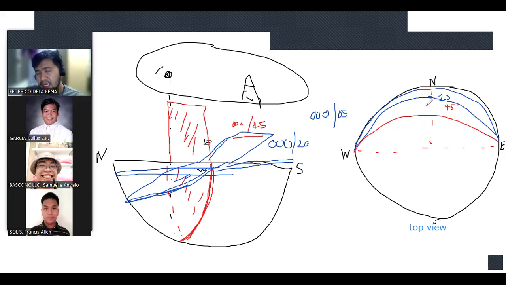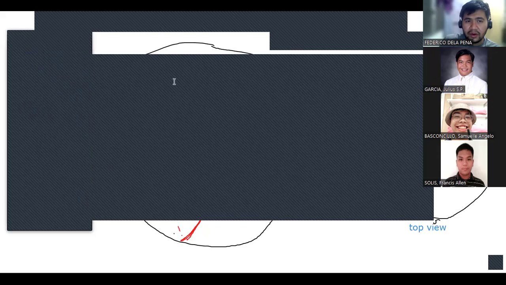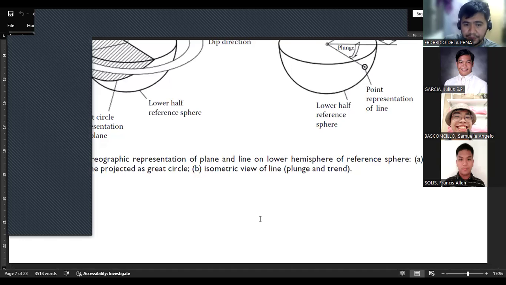And second, the steeper they are, the closer they will be to the equator, or they will approach a straight line, while the gentler they are, the more arcuate they become. So I think that's a decent review of your stereonet projection.